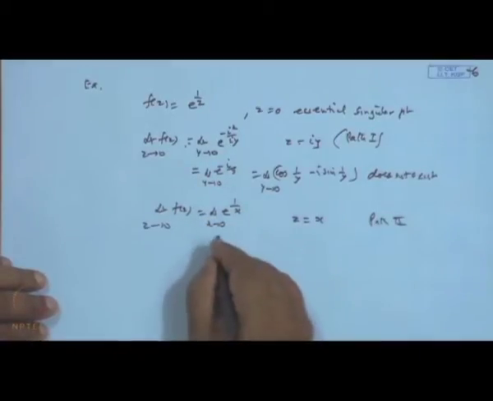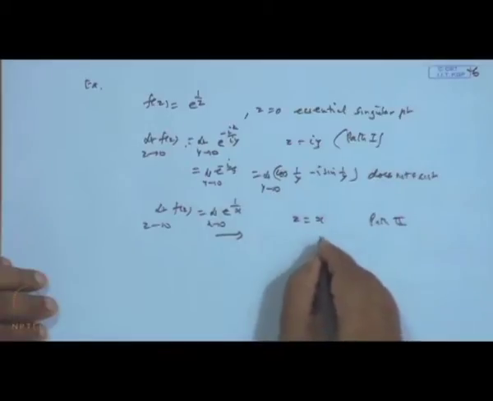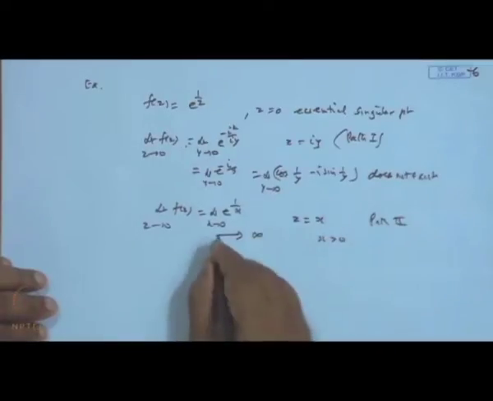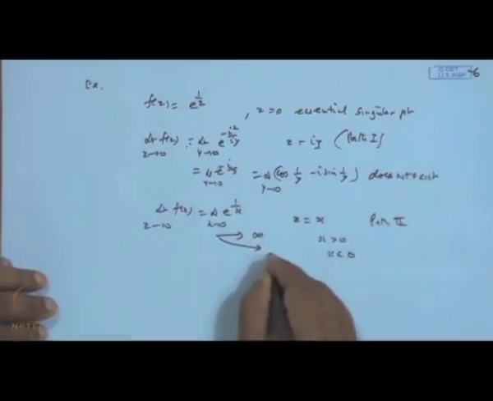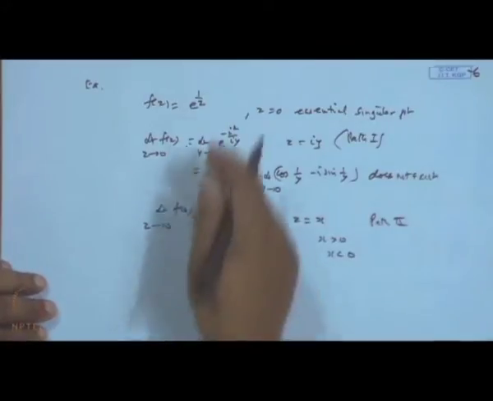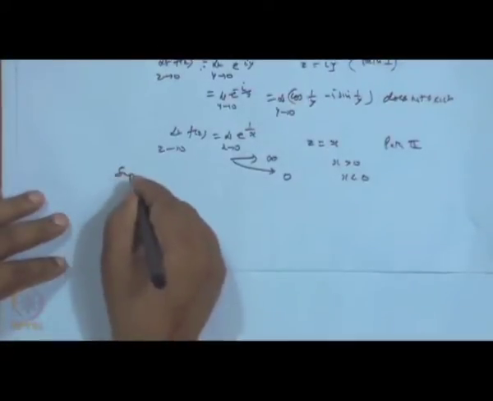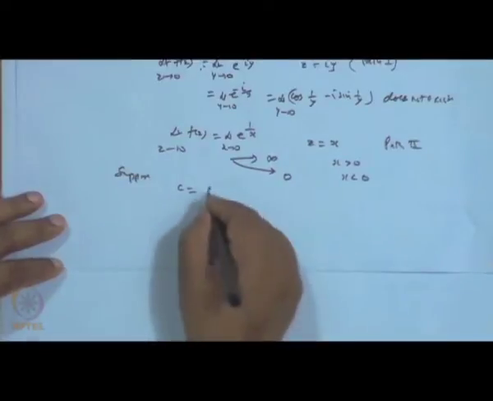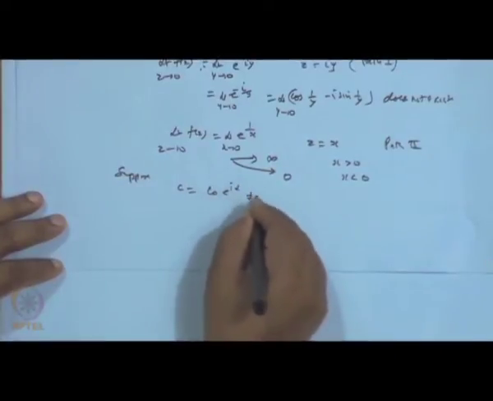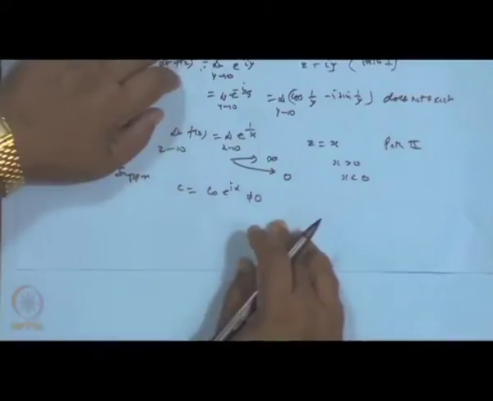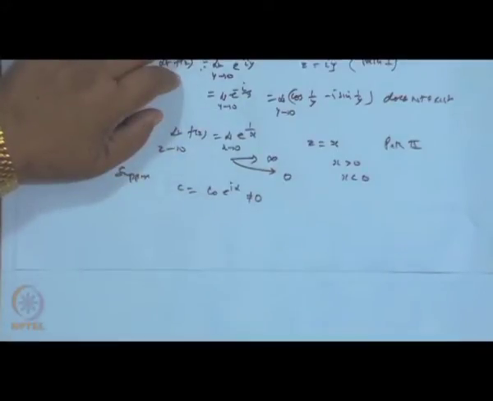Now if x is positive, it goes to infinity, and if x is negative, it goes to 0. So along different paths it has different values. In fact, suppose I want the value c, equal to say c naught e to the power i alpha, different from 0. Then one can identify a path which approaches 0.